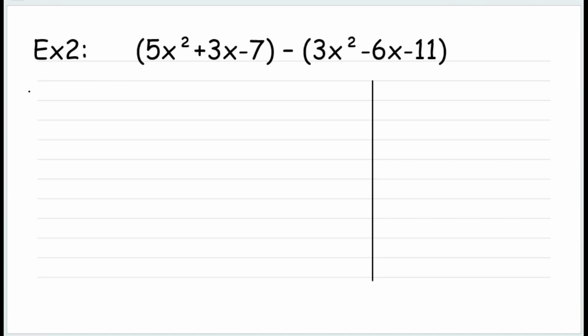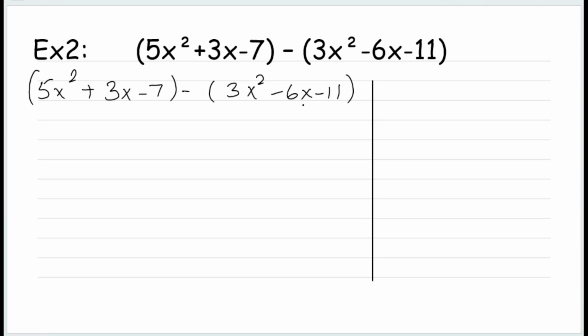My next example is 5x squared plus 3x minus 7, subtract 3x squared minus 6x minus 11. Again, the terms of the first parenthesis stay as they are, but because of this minus sign, which is actually minus 1, when minus 1 is multiplied with all the terms inside the second parenthesis, they will change their sign.